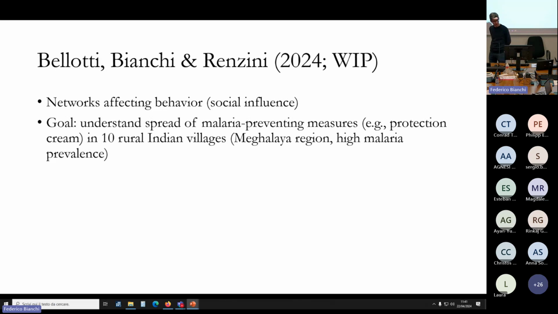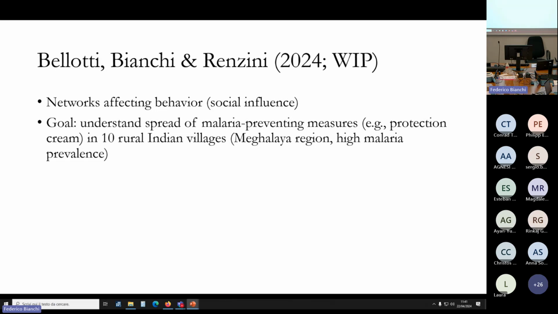In particular, the goal of this work is to understand the spread of a malaria-preventing measure, and in particular we will focus on a protection cream in 10 rural Indian villages in this region. It's called Meghalaya. It is situated in the north of India, close to the Himalaya region. So you have the big mountains here, so it's very hard to reach.